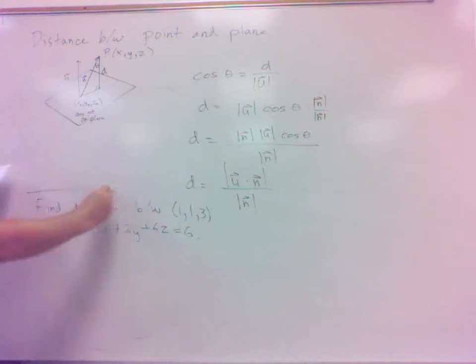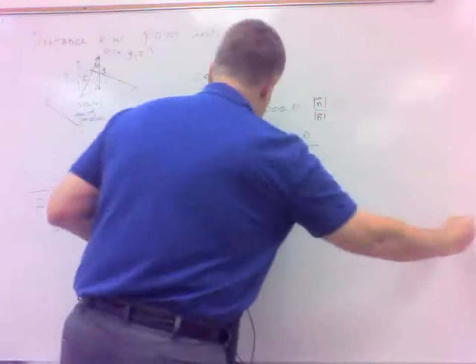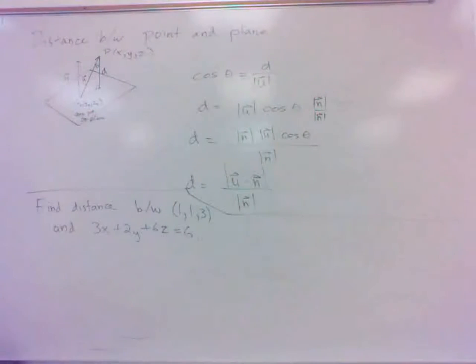Let's see if we can find that distance. All right, so what is our normal vector here? Well, again, you just read the a, b, and c off of the plane. So it'd be 3, 2, 6. That'd be the normal vector.